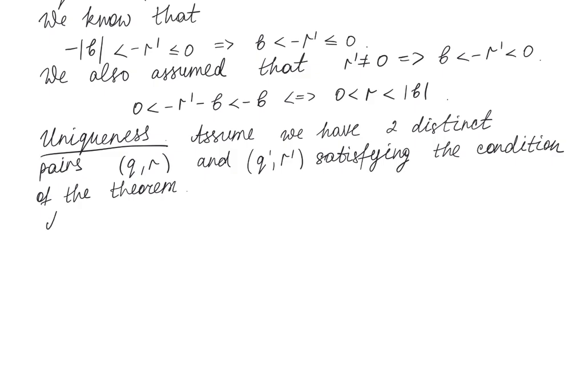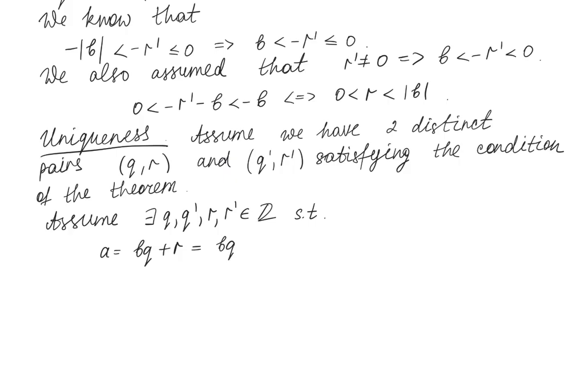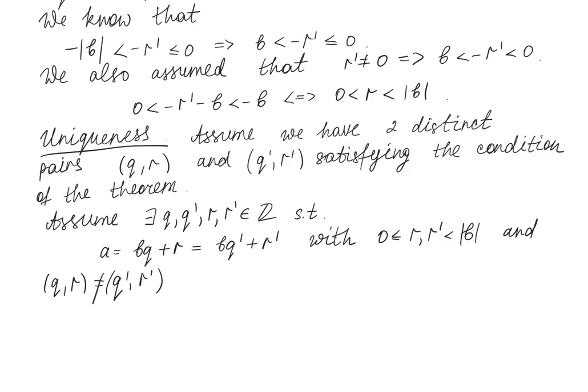It means assume there exist q prime, r prime integer numbers such that we have a equals bq plus r and bq prime plus r prime, with 0 less than or equal to r and r prime, both satisfying this inequality, and q and r are distinct from q prime and r prime respectively.